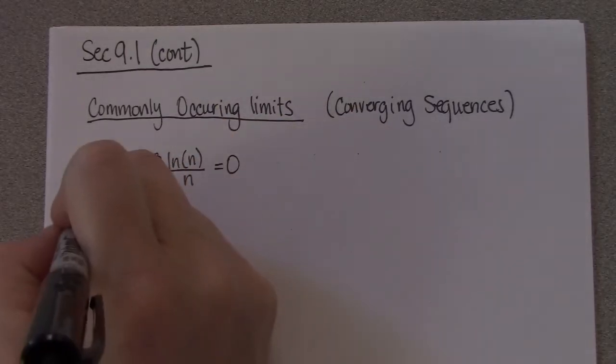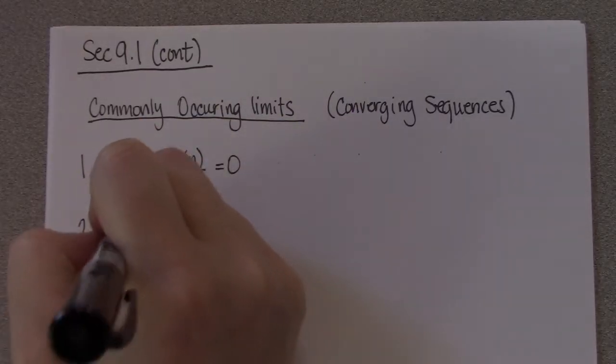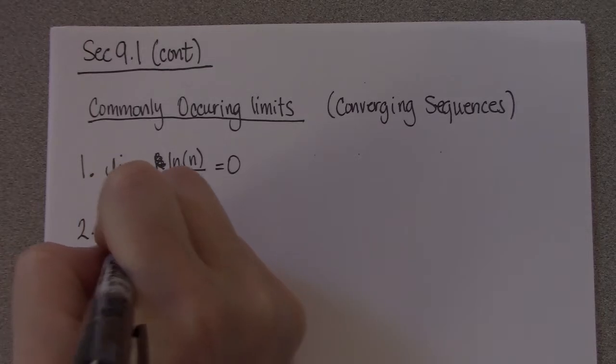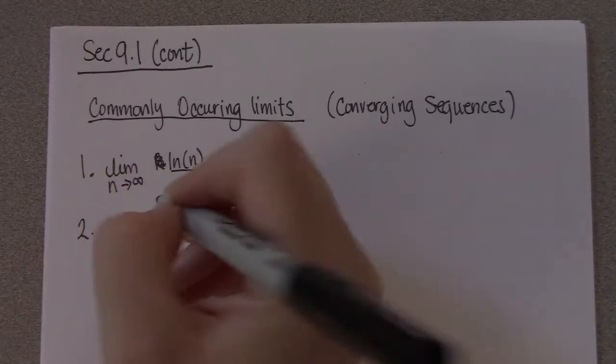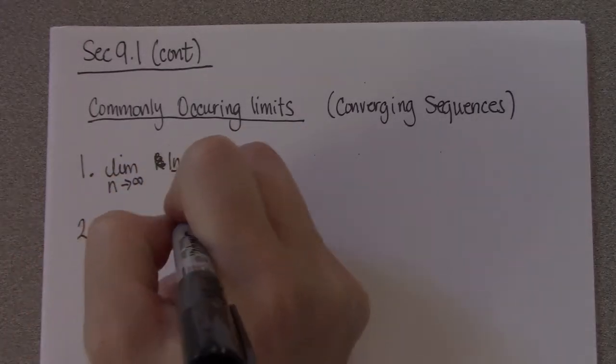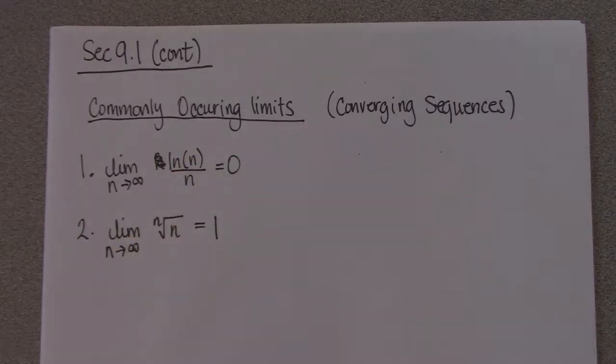So the second one, which we're going to use a lot later when we get into series, you'll see this guy crop back up, is that the limit of the nth root of n goes to 1, right?